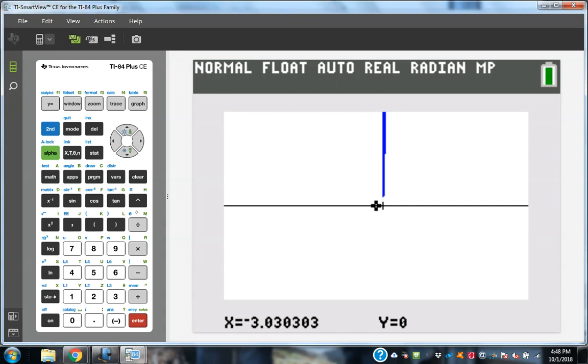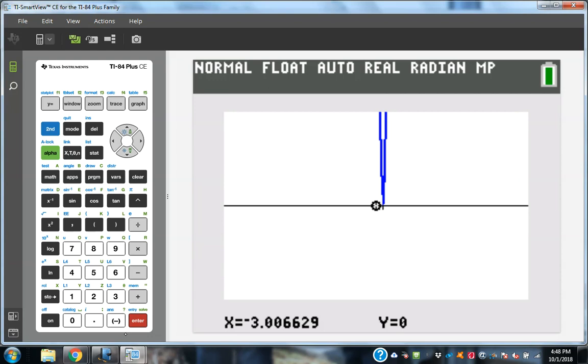I bet if I zoom in one more time, we'll see something more along the lines of what we think. Yeah, now it's starting to split up. You can see it. The resolution was just too low. We knew it should be there because we had a factor that gave us that answer. It comes down here to -3, and it bounces off the x-axis. Anytime the multiplicity is even, that's how it's going to happen.